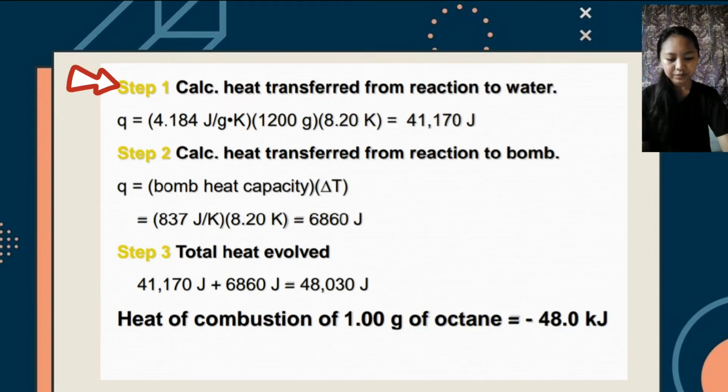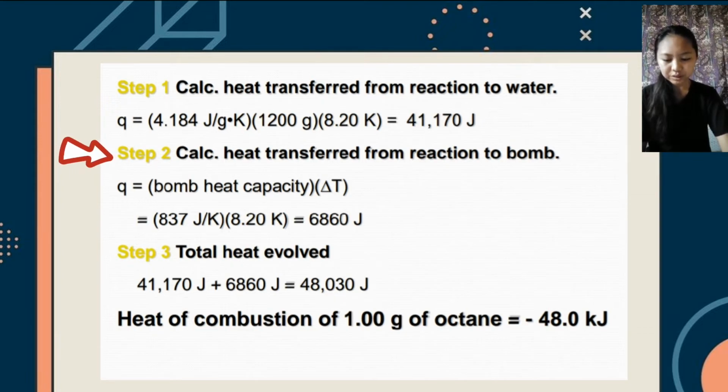To determine the solution, step 1: calculate heat transferred from reaction to water. Heat exchange is equal to 4.184 joules per gram times K times 1,200 grams times 8.20 K, which is equal to 41,170 joules. Step 2: calculate heat transferred from reaction to bomb.